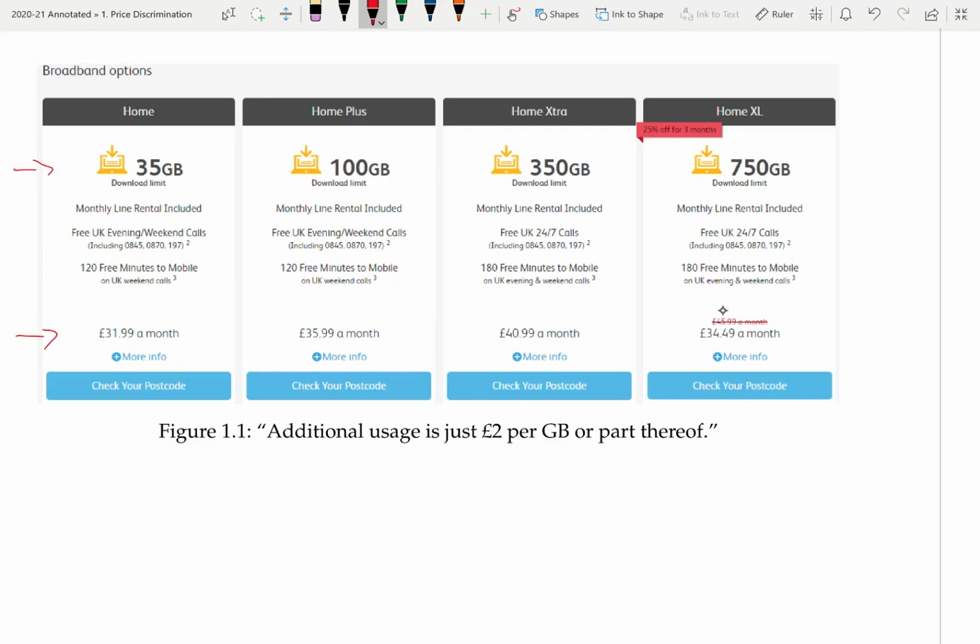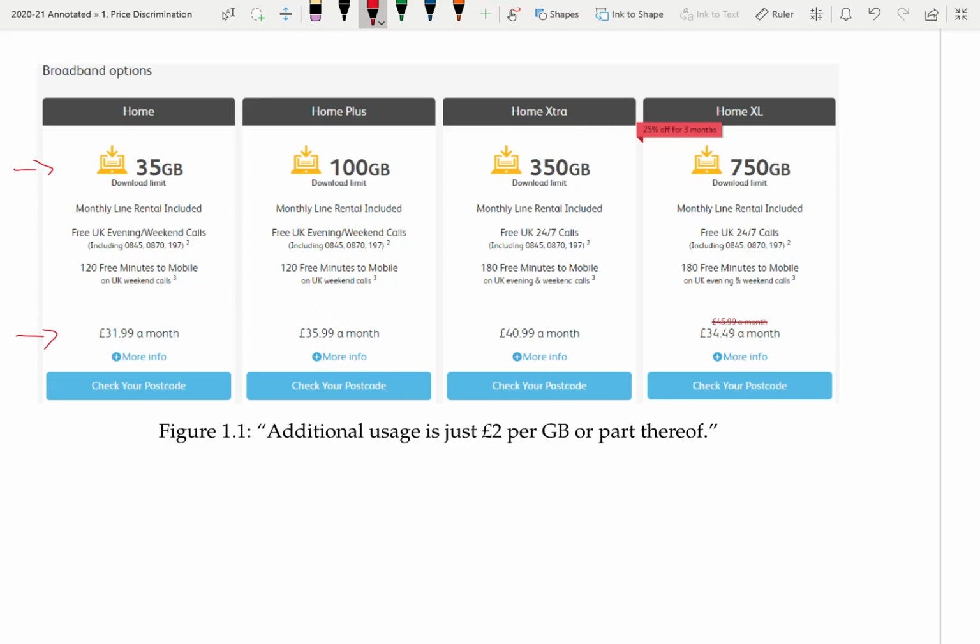This is usually £45.99 per month. But the price per gigabyte is going down. So here you're paying £32 per month for a 35 gigabyte limit. But here now you get a 100 gigabyte limit. The price only goes up by £4. So the limit is multiplied by about 3, but the price is going up by a very small amount. And the same thing happens as we increase even further, right?